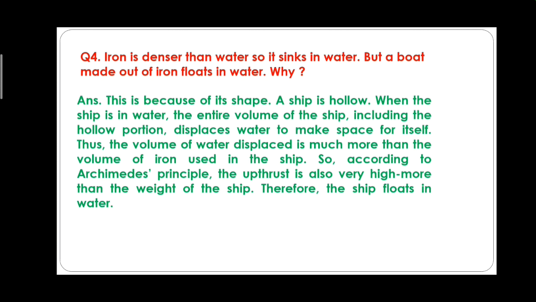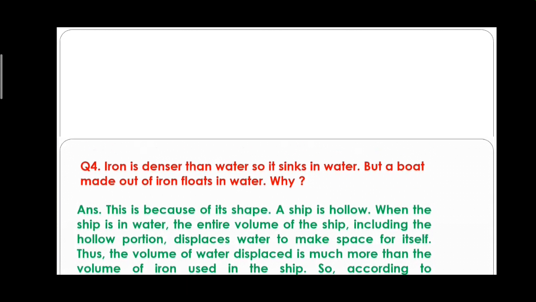Thus, the volume of water displaced is much more than the volume of iron used in the ship. So, according to Archimedes' principle, the upthrust is also very high, more than the weight of the ship. Therefore, the ship floats in water.